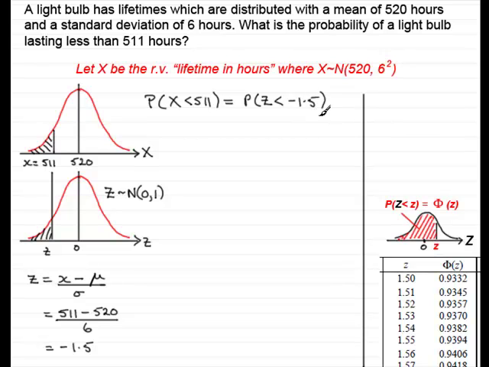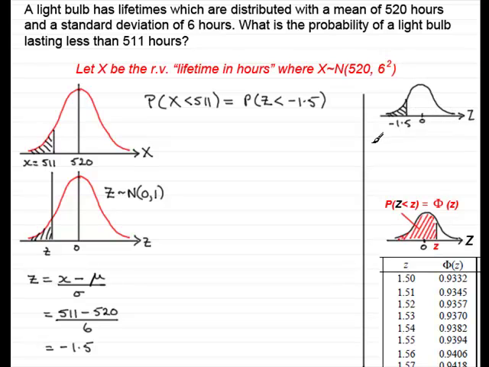To get around this problem, we consider the standardized curve z. We've got a z value at minus 1.5. Let's mark that in here, minus 1.5, and we're looking at this area here. Now what we can do is mirror this, because the curve is symmetrical, onto the other side of 0.